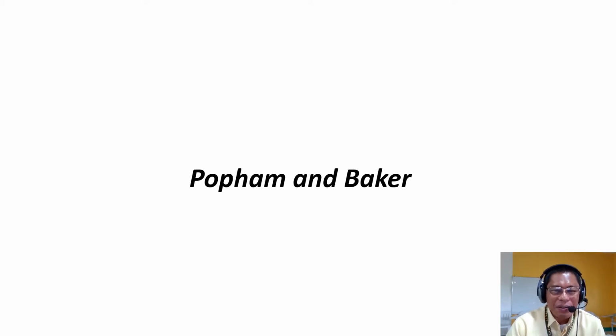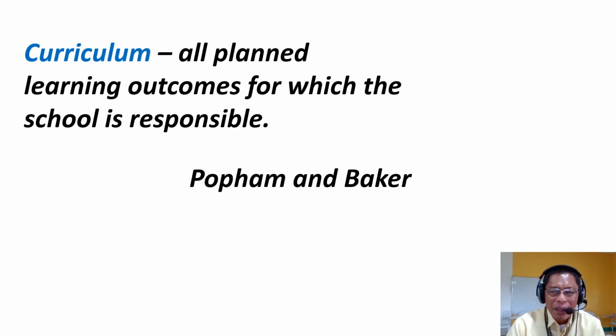Okay, so from Popham and Baker, here's another definition. All planned learning outcomes for which the school is responsible. So the same or similar meaning to the previous definitions discussed. You will notice, class, that there is a theme emerging here.